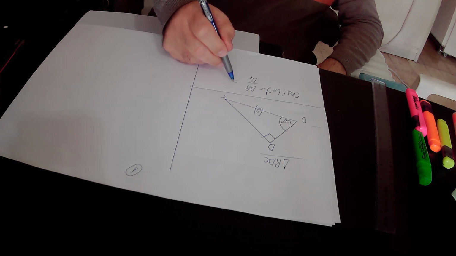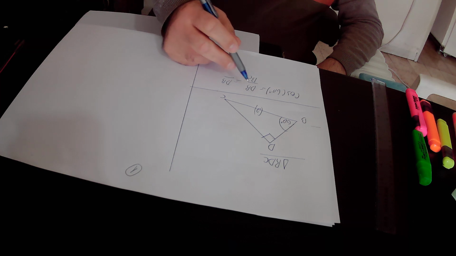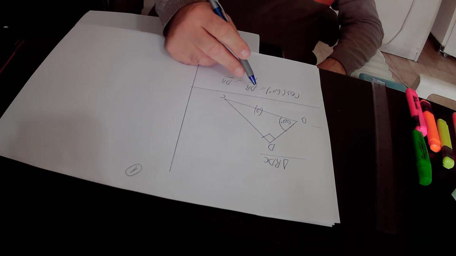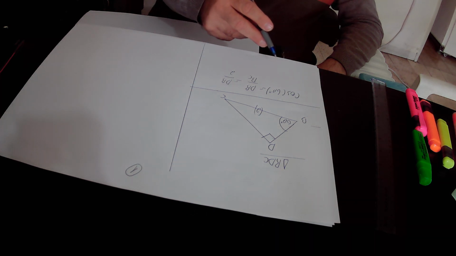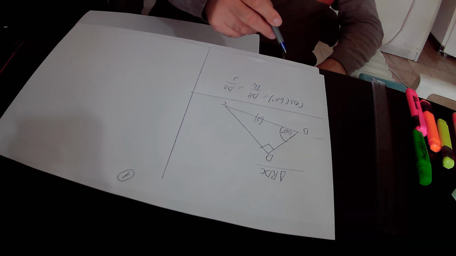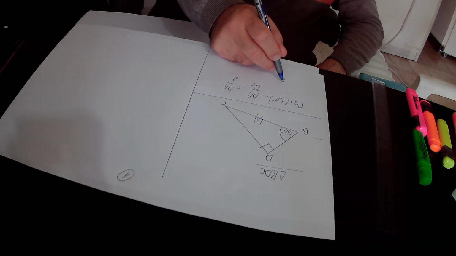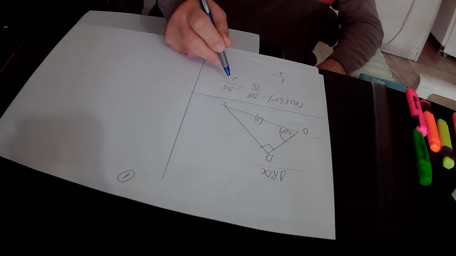BC is 2, so we substitute BC by 2. Cosine 60 degrees is 1/2, so we substitute cosine 60 degrees by 1/2, so 1/2 equals DB over 2.